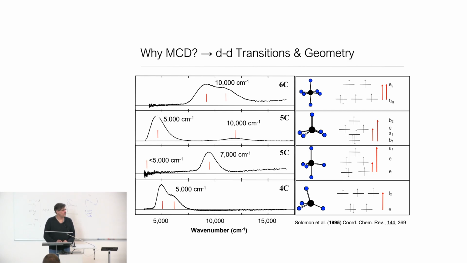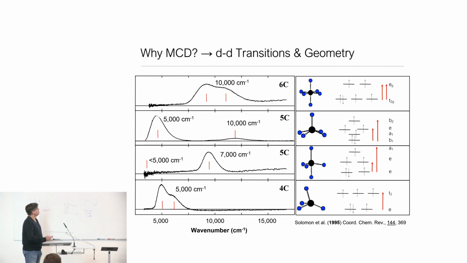They're integer spin, so they have an S equals 2 ground state, and they're almost not accessible in the EPR. Then they're often pretty much colorless, so there are no prominent transitions in the visible region, and so it's not easy to get a good spectroscopic handle on them. Obviously Mössbauer is one, but the other is MCD.